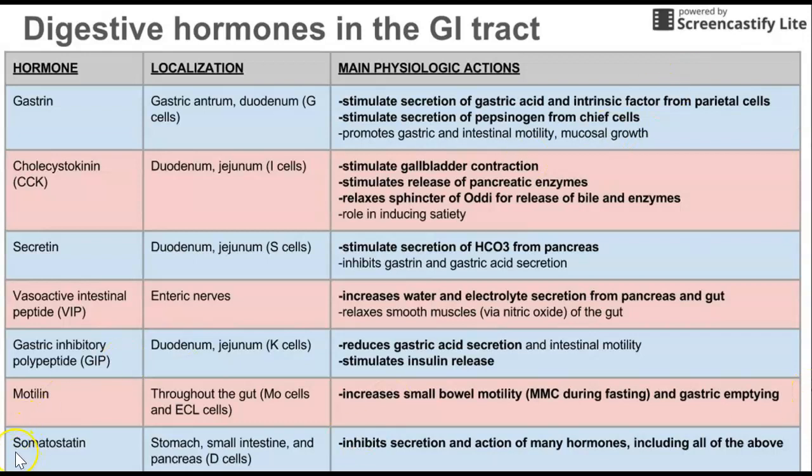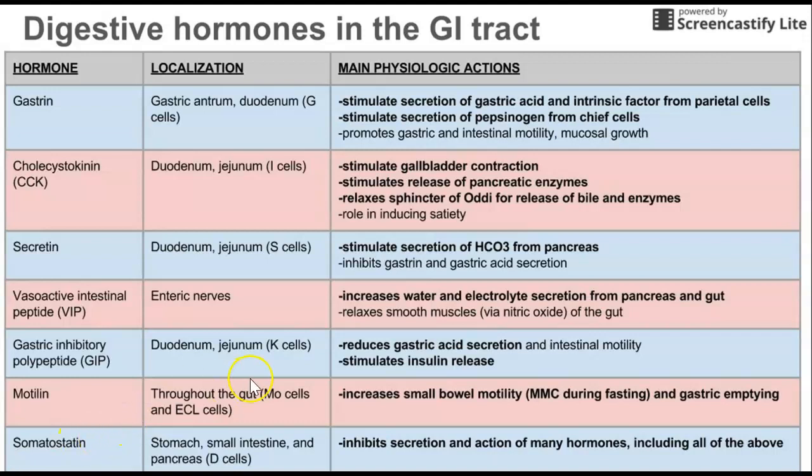Gastrin is a chemical that is released by the gastric antrum, so that very bottom layer of the stomach. It's also released by G cells located in the duodenum.